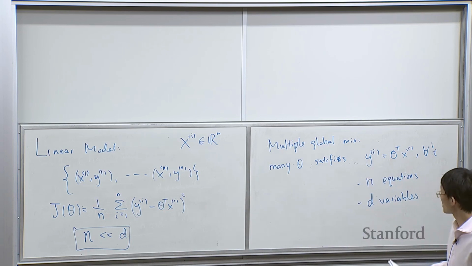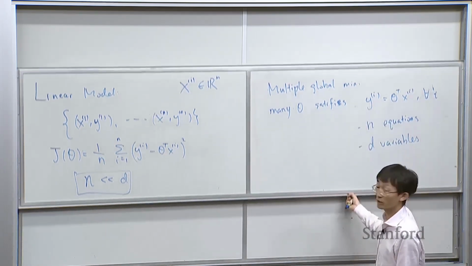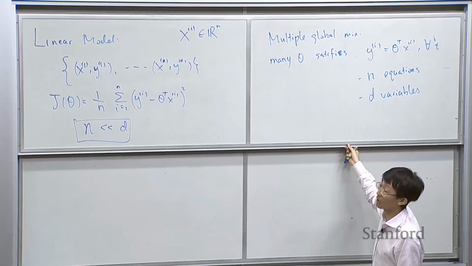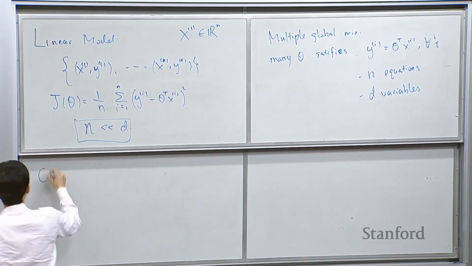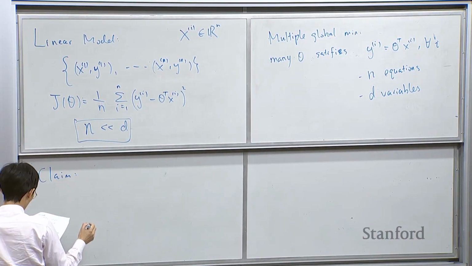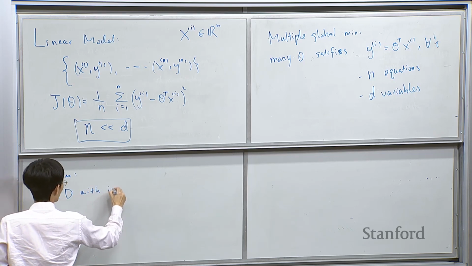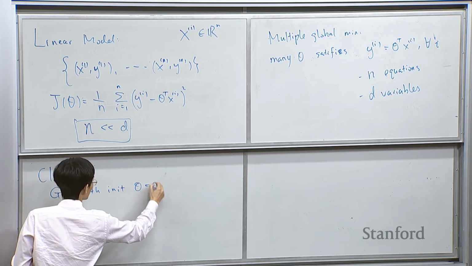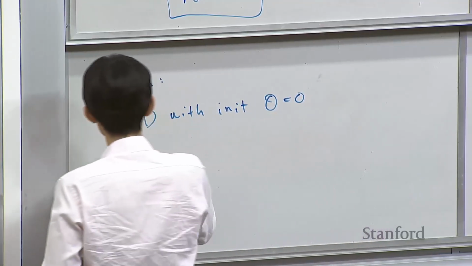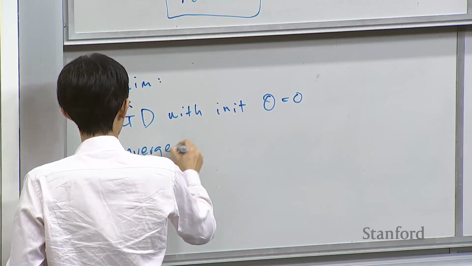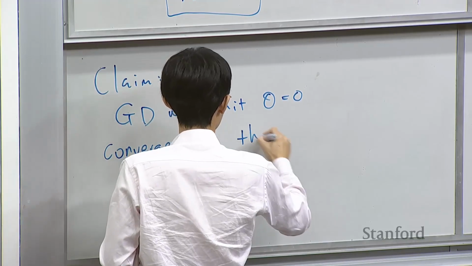It turns out that if you use gradient descent with zero initialization, then you're going to choose the one with the minimum L2 norm. So here is the claim: if you do gradient descent with initialization theta equals 0, this will converge to the minimum norm solution.